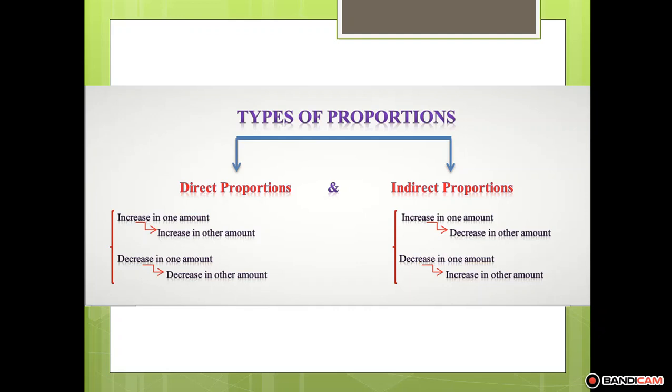Now, there are two types of proportions: direct proportions and indirect proportions. But firstly, direct proportions: we have two ratios in a proportion, so an increase in one amount will increase the other amount, or a decrease in one amount will decrease the other, meaning both ratios will increase or decrease proportionally.